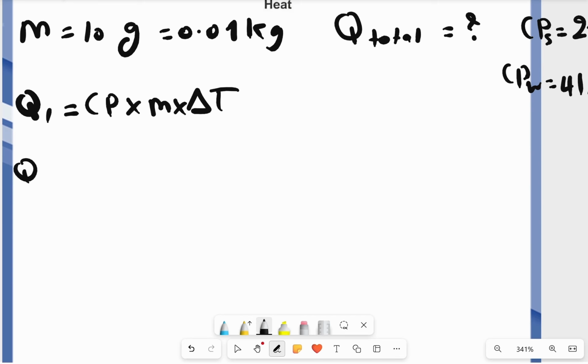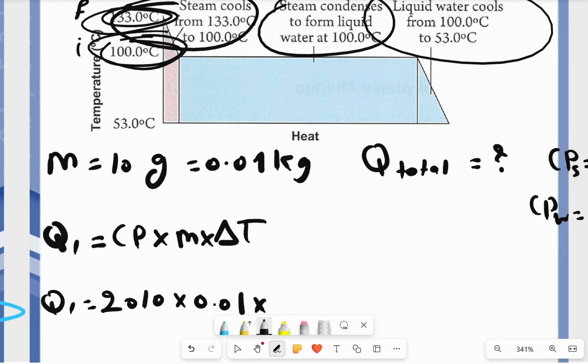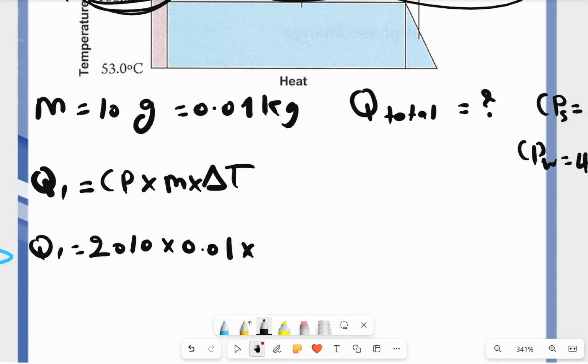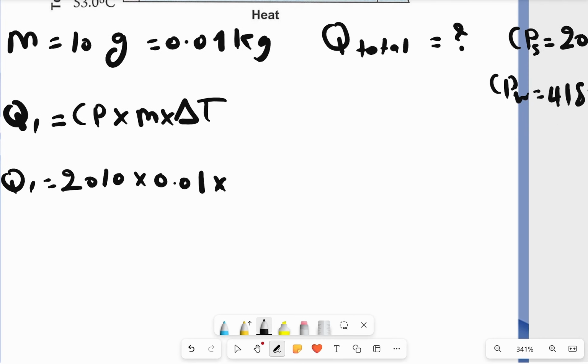Q is going to be equal to 2010, which is the specific heat capacity for steam, times mass, which is 0.01 kilogram, times delta T. Delta T is going to be 133 minus 100.